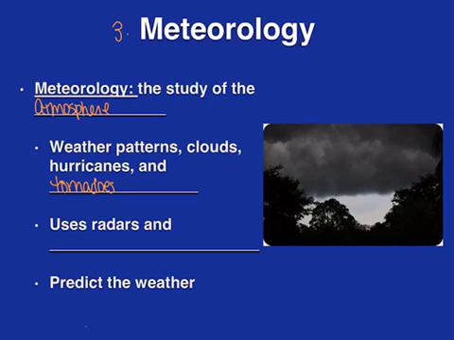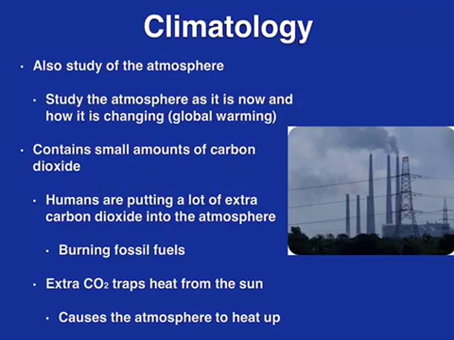It uses radars and satellites, and meteorology is used to predict the weather. So meteorology, not to be confused with climatology, the fourth branch of earth science, also studies the atmosphere, but it looks at how the atmosphere is now and how it has changed.